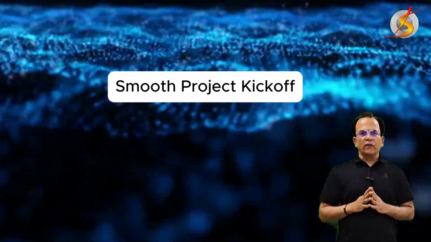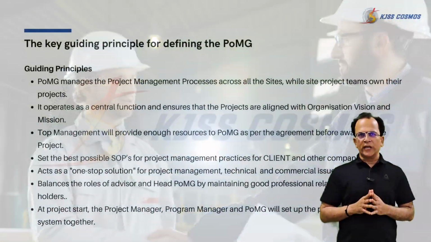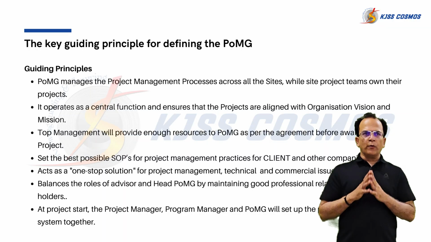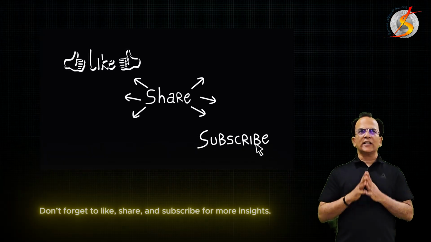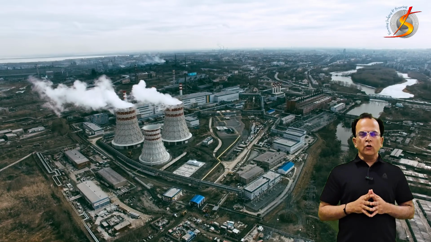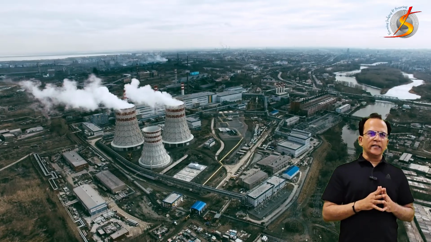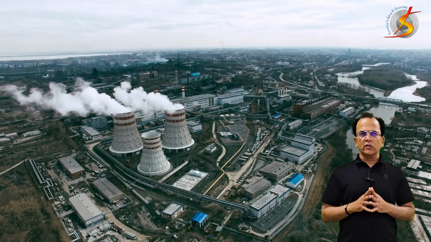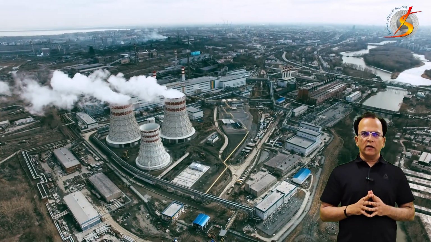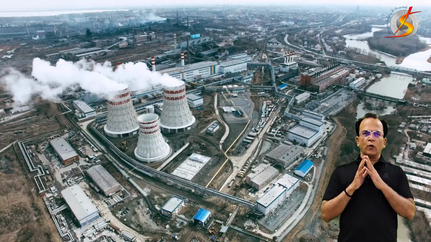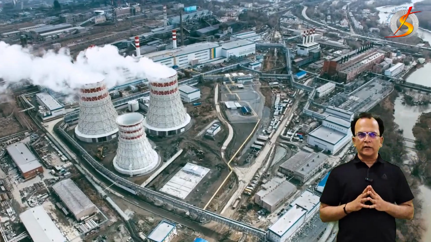Smooth project kickoff: at the beginning of every project, the project manager, program manager, and PoMG work together to establish a strong project system. In other words, PoMG ensures smooth and successful project management. They ensure the proper closing of the project.